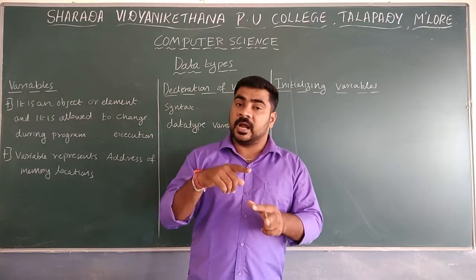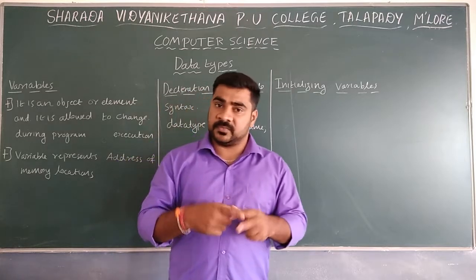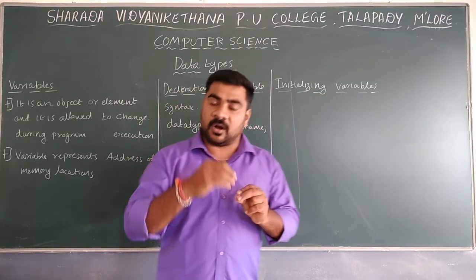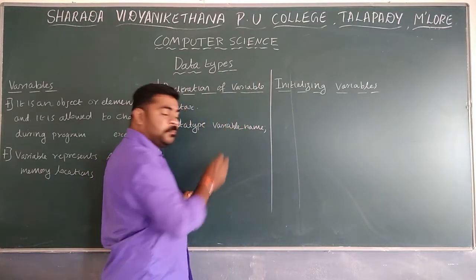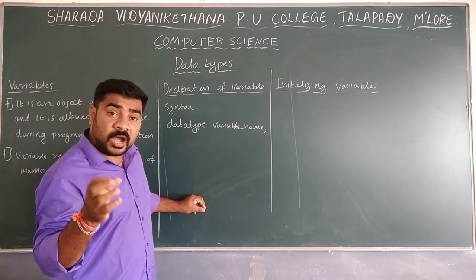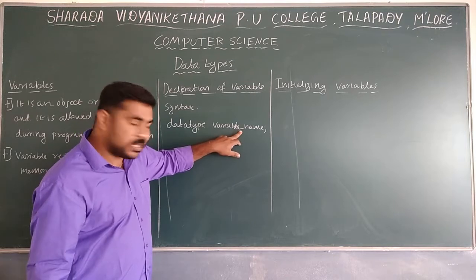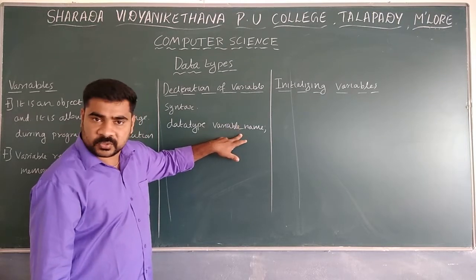Alphabets, numbers, and the underscore can be used when you name variables. Remember, only one special character, that is underscore.